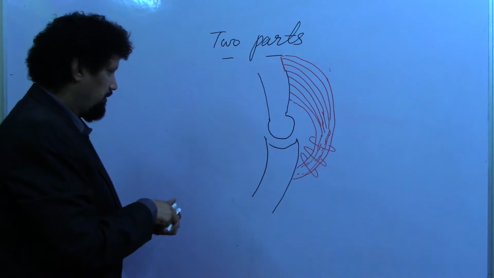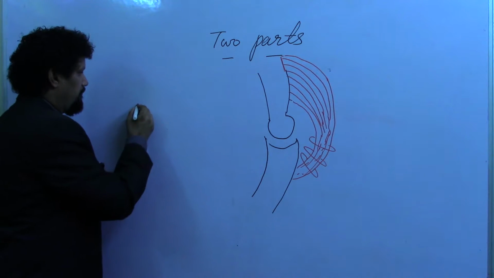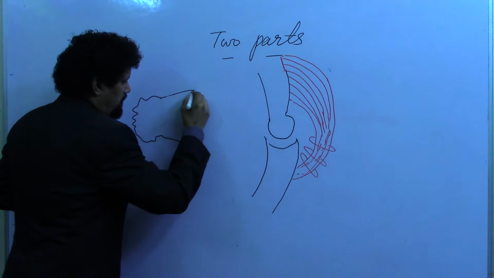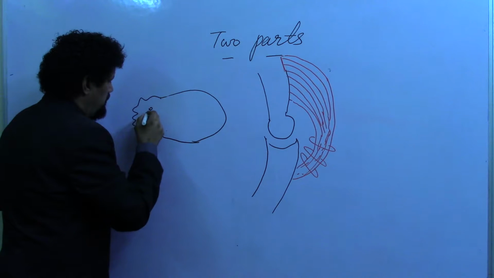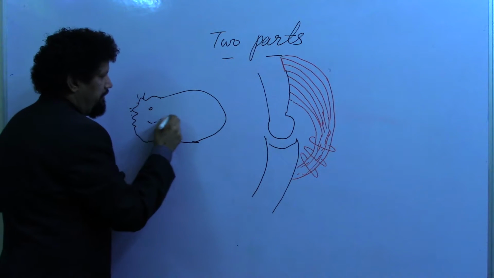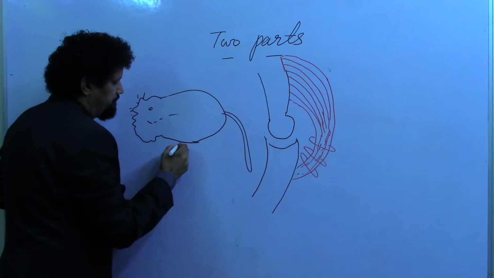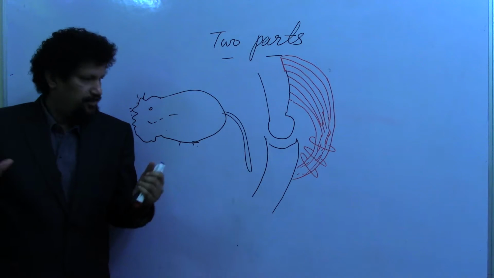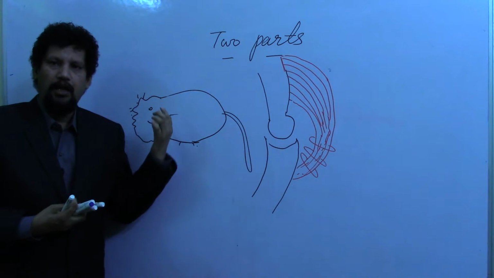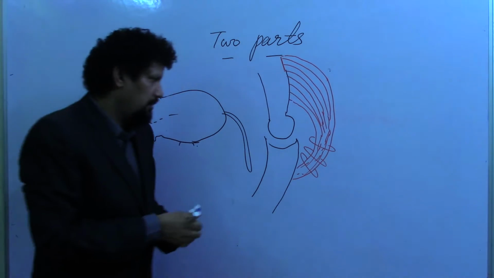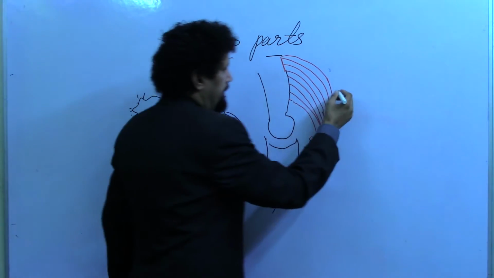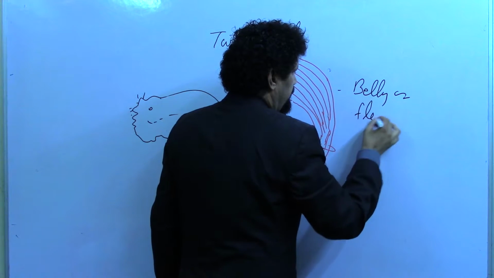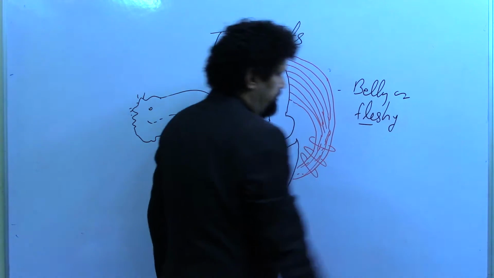So here is the small mouse, and here we can see the tail of the mouse. This part of the muscle, which is thicker and fleshy, is known as the belly or the fleshy part of the muscle.